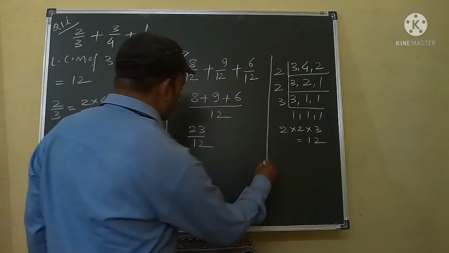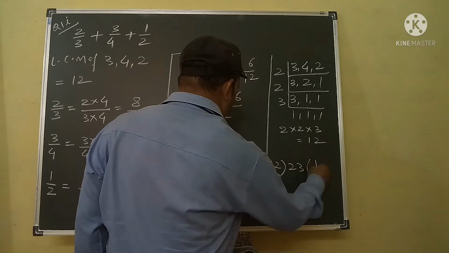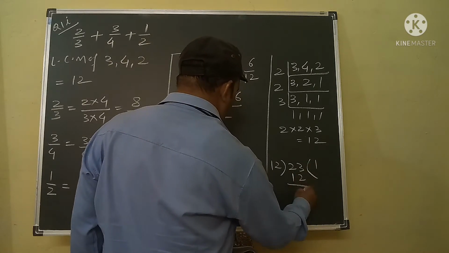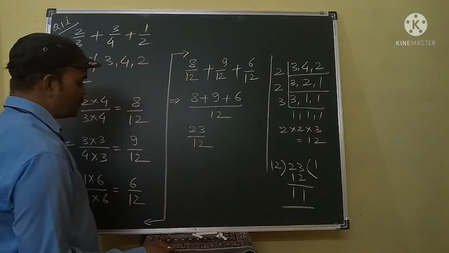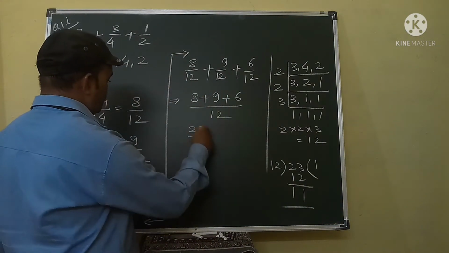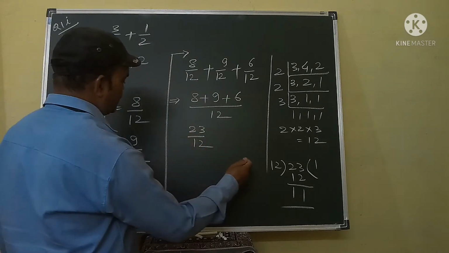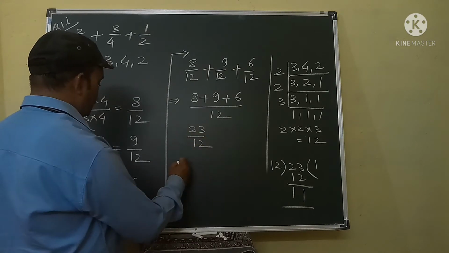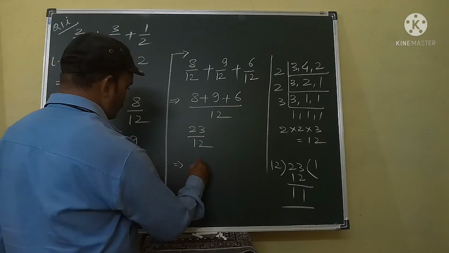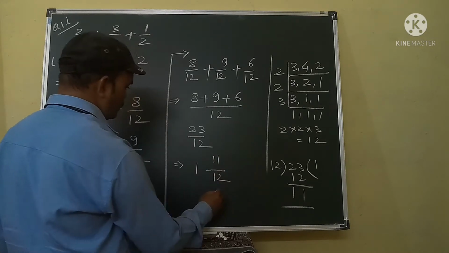How? 23 divided by 12. 12 1s are 12. 3 minus 2, 1. 2 minus 1, 1. So this is the improper fraction, and an improper fraction we can write as a mixed fraction. This fraction you can write as 1 and 11 upon 12.